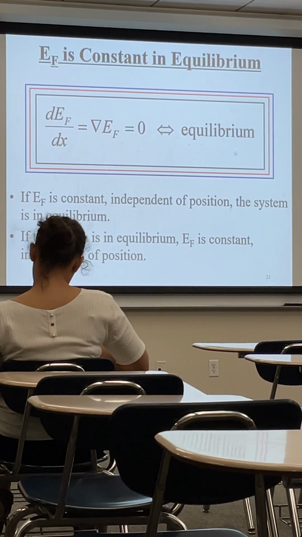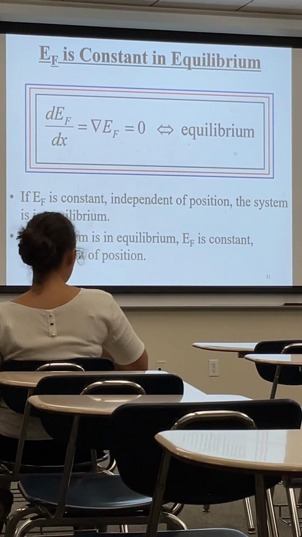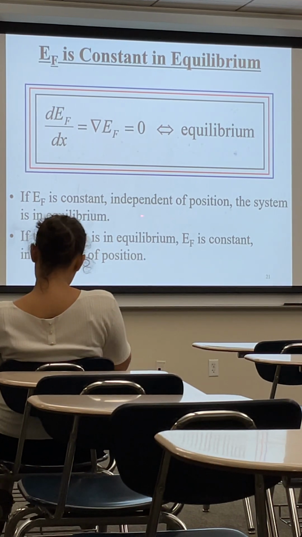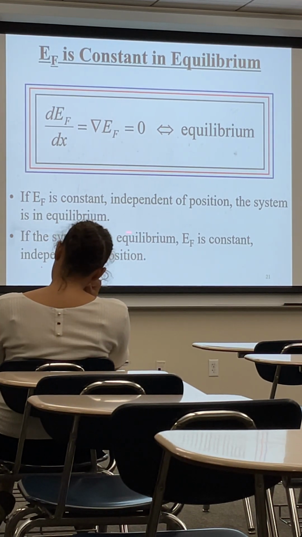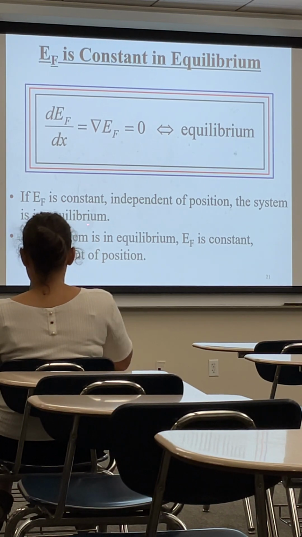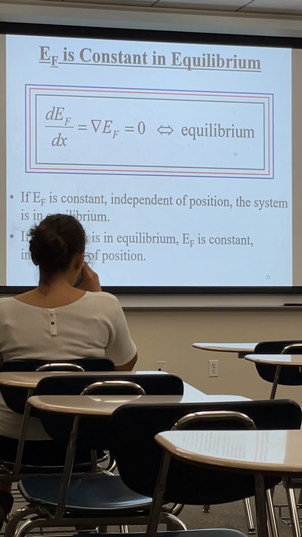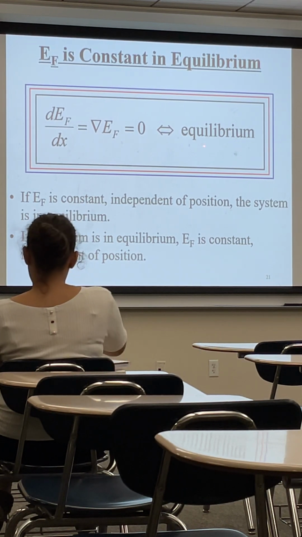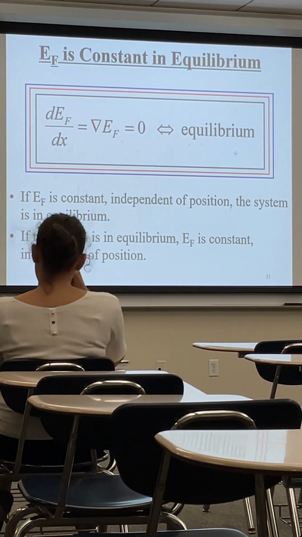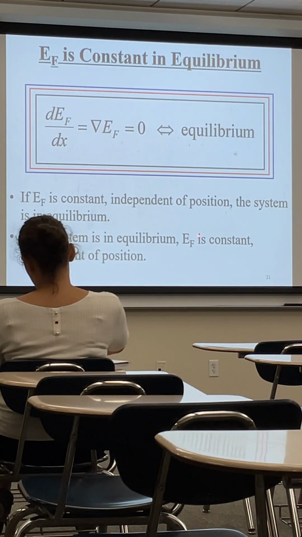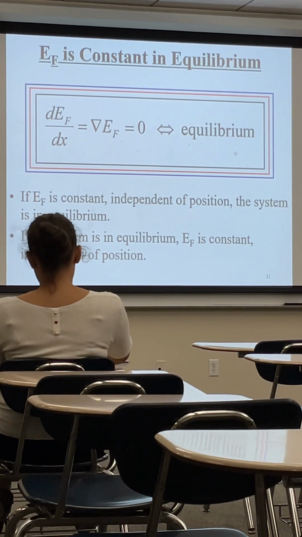It means that if the Fermi level is constant, independent of position, then the system is in equilibrium. And the opposite way, if the system is in equilibrium, then the Fermi level is constant, independent of position.